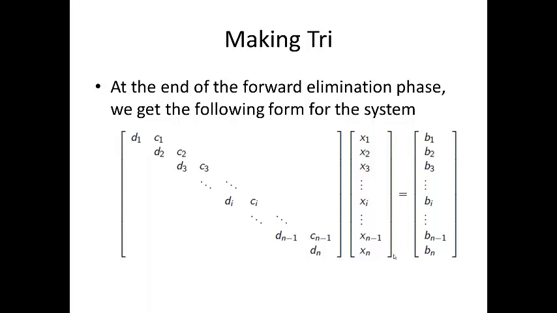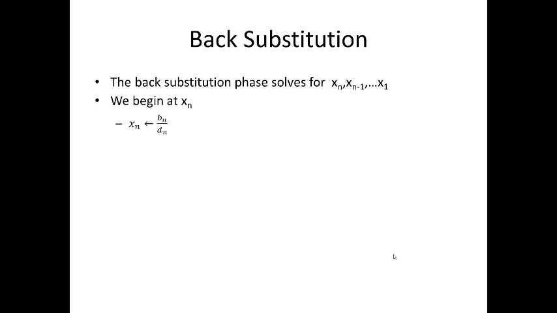So now let's take a look at back substitution in a bit more detail. Back substitution again is going to start with x sub n and work our way all the way back to x sub 1, as we've been doing in solving using naive Gauss and Gauss. We're going to start at x sub n, and x sub n is going to be b sub n divided by d sub n.